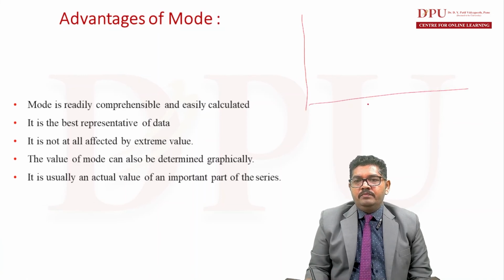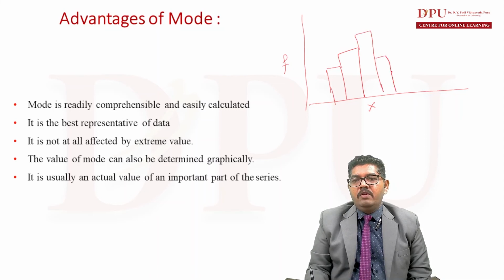We take x values on the x-axis and frequencies on the y-axis in order to draw a histogram. Histogram we have studied in the previous class. Suppose this is the histogram. This particular class represents the highest frequency because on the y-axis we have frequency.